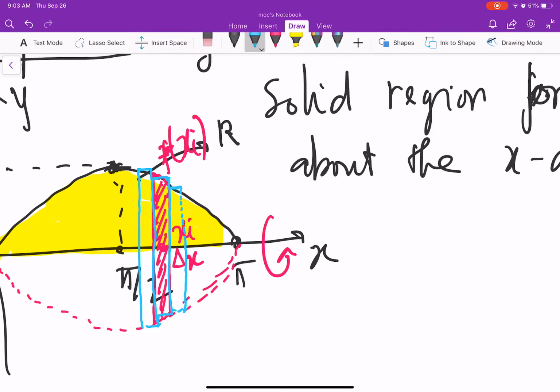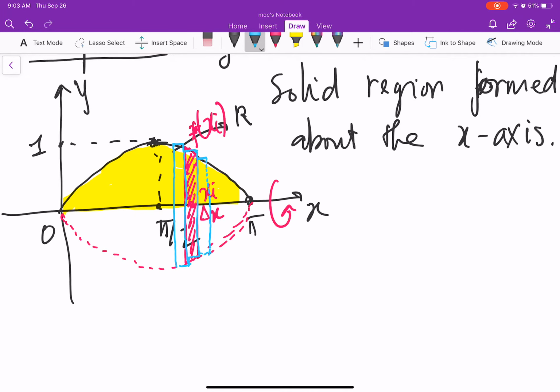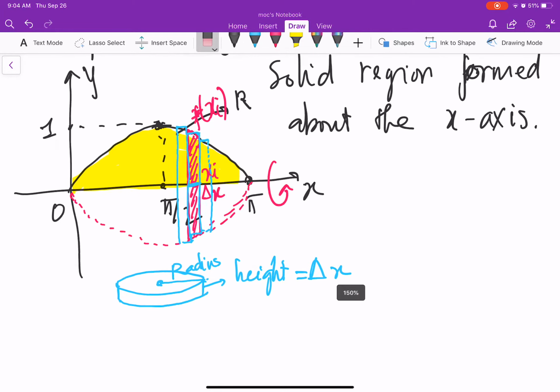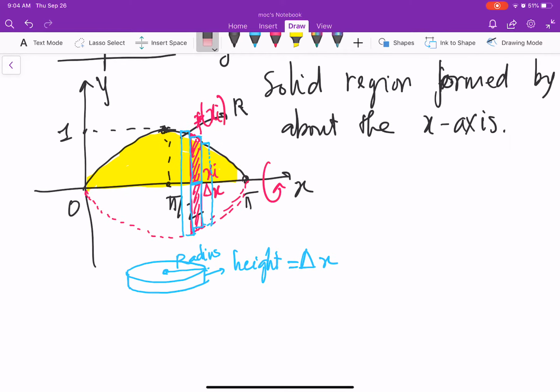Okay, so now I will find the volume of each small disk in here. So what is the volume of the disk? Let's zoom out the disk. The disk looks like this, right? So this is our disk. So this is the height. The height in this situation equals delta x. You see, delta x is in here. Here's the height. And then we need to find the area of the base, right? So the area of the base is equal to pi radius square.